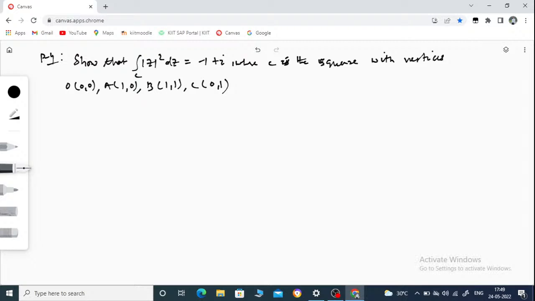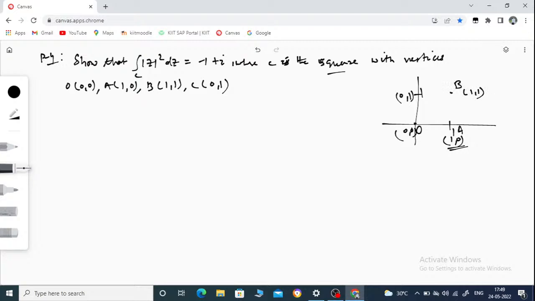As you can see, this is a square. If this is my 2D, this is your 0 0, the origin, this is 1 0, and this is your 0 1 point. This is 1 on the y axis, this is 1 on the x axis, and this is your origin O. Then this is point A whose coordinate is 1 0, and point B somewhere here which is 1 1.